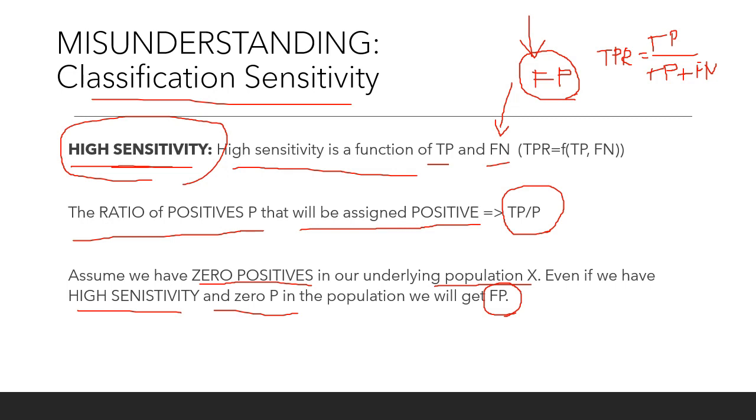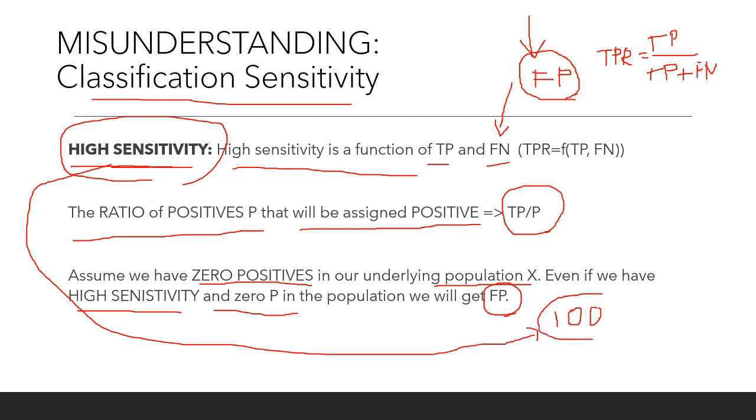That means we get many true positives out of the positives, but we have no true positives in this population. For example, in a village of 100 people, we have 0 positives.